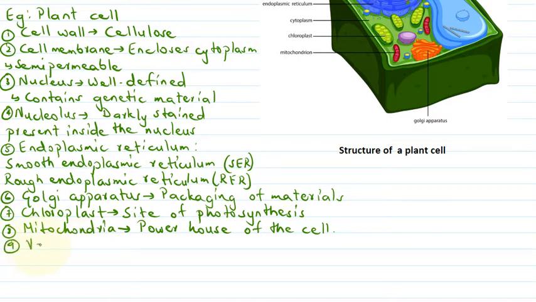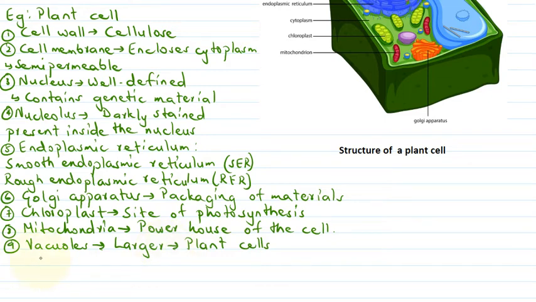Then there are vacuoles. So vacuoles are larger here in case of plant cells, whereas in animals we had discussed that the vacuoles were smaller.